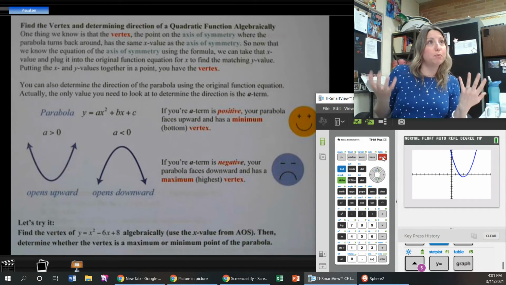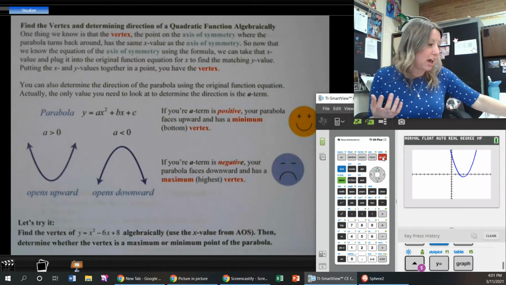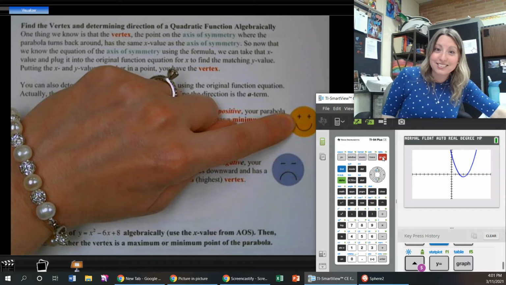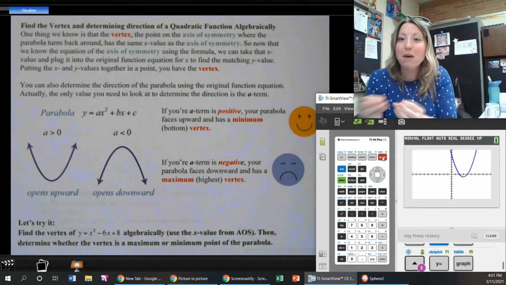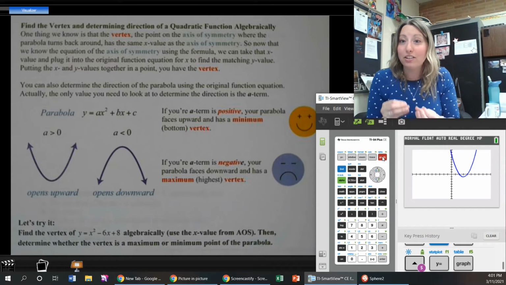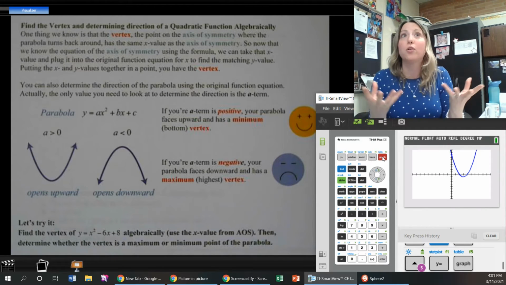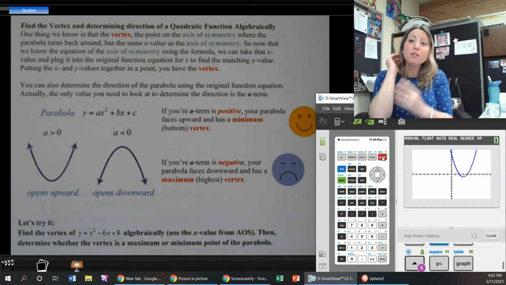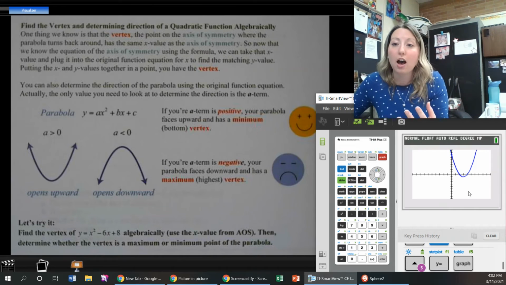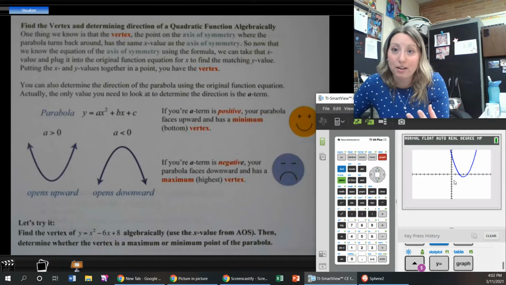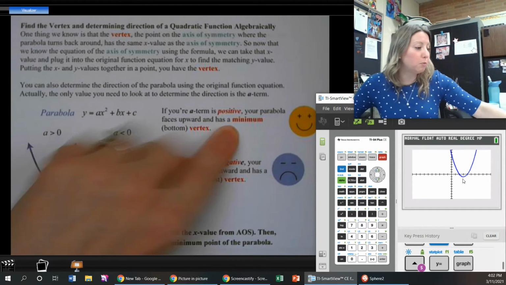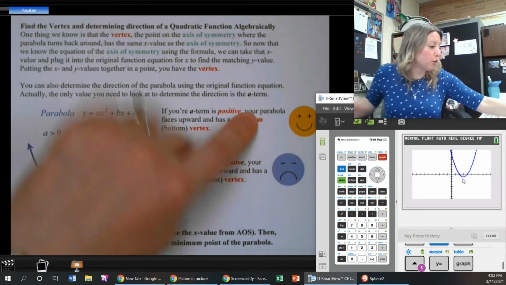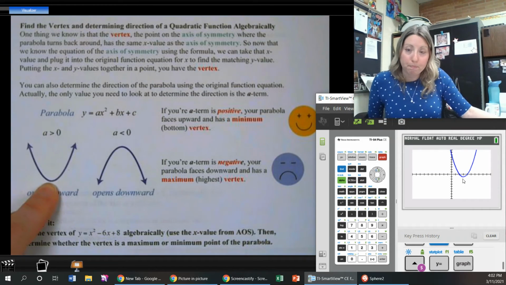And positive people tend to be who you think of as smiley. Well, that means that if these are smiley face parabolas that have a values that are 1 or greater, then you have a bottom to it. That predicts that your vertex is going to be the minimum. Smiley face parabolas, the vertex is a minimum.